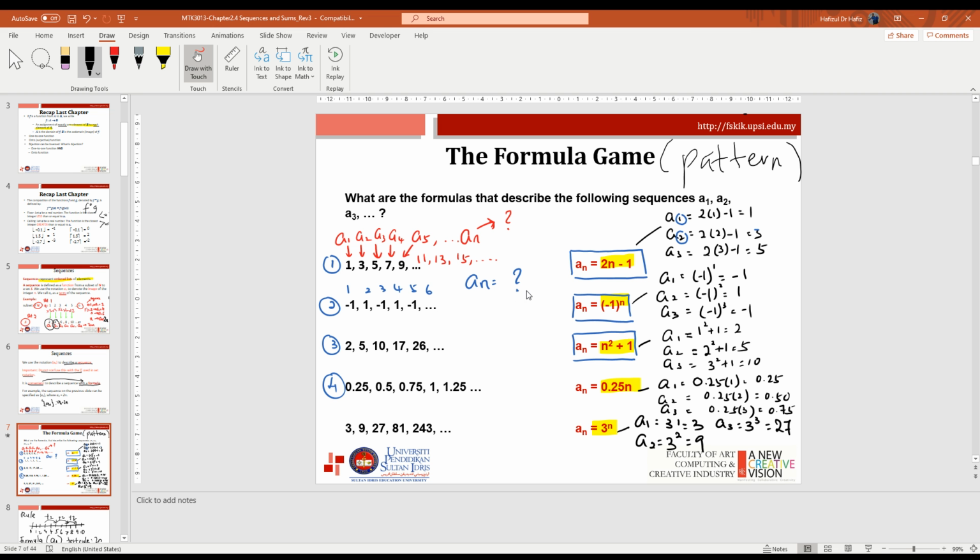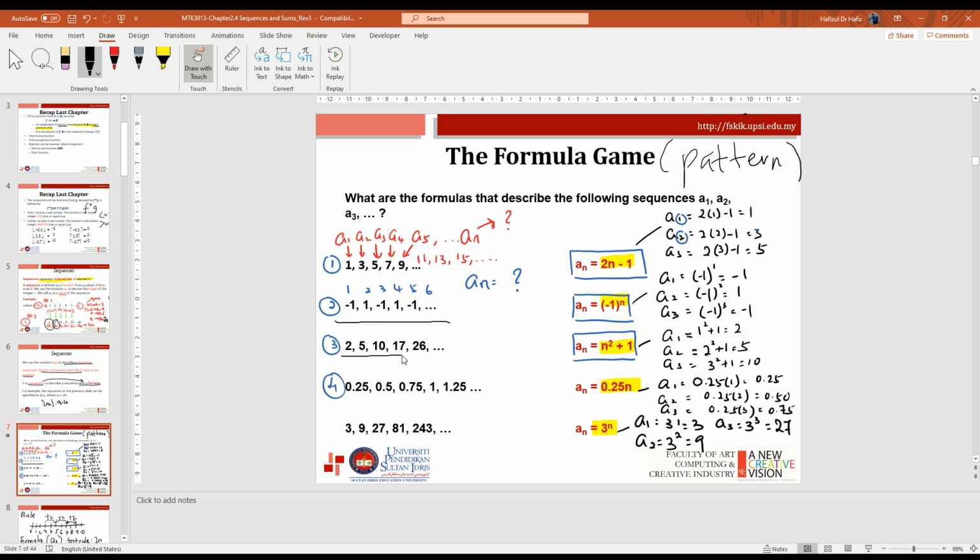We have an equal to 2n minus 1. Because we map two terms, we can come out with a formula. And then this one, an is equal to minus 1 to the power of n, and we get this kind of pattern.